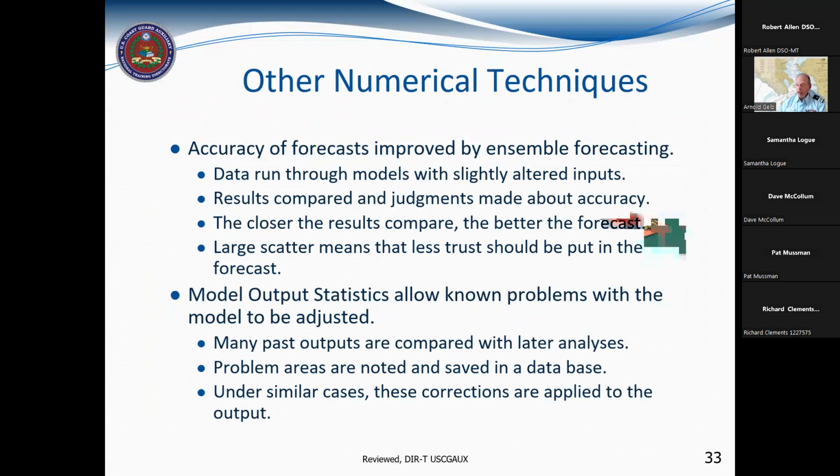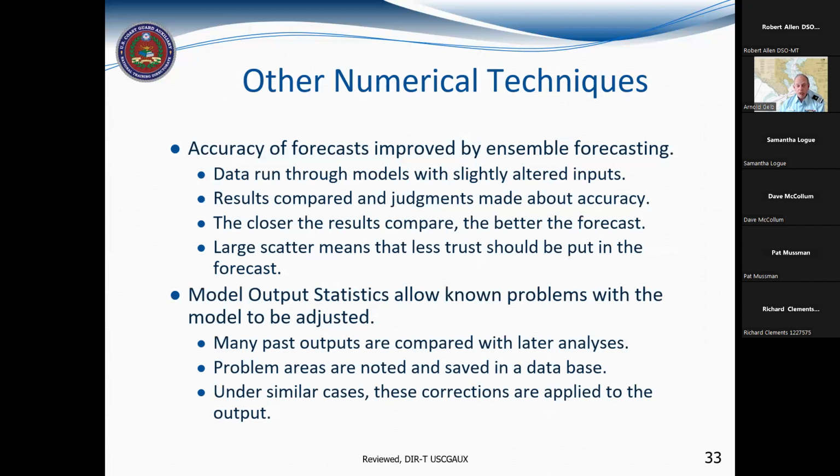There are other numerical techniques, and the accuracy of forecasts gets improved by what is called ensemble forecasting. Here, data is run through models with small changes or alterations to the inputs. The results are compared, and then judgments are made about the accuracy.